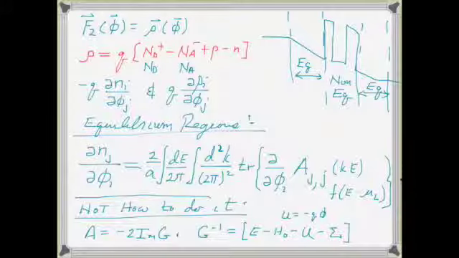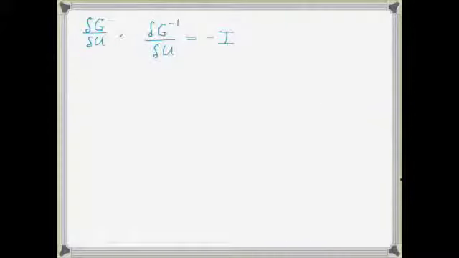If you think of these as functions of position, they're all matrices, and instead of negative 1, you get the negative identity matrix.